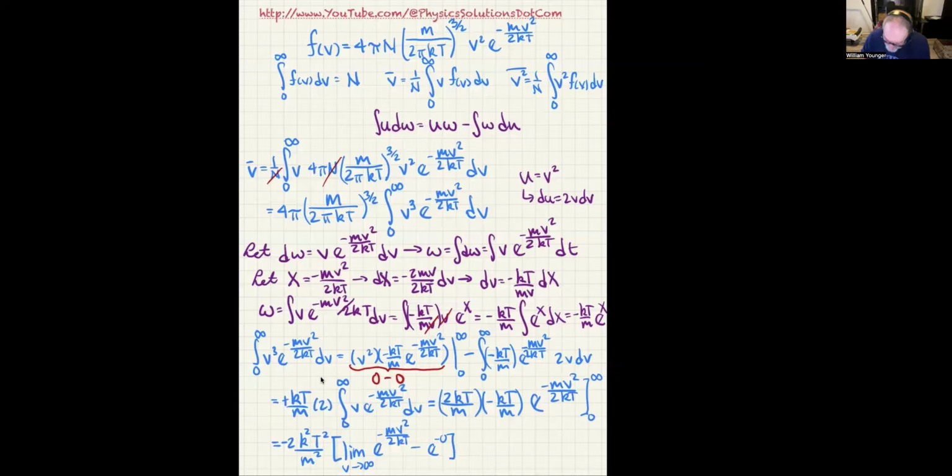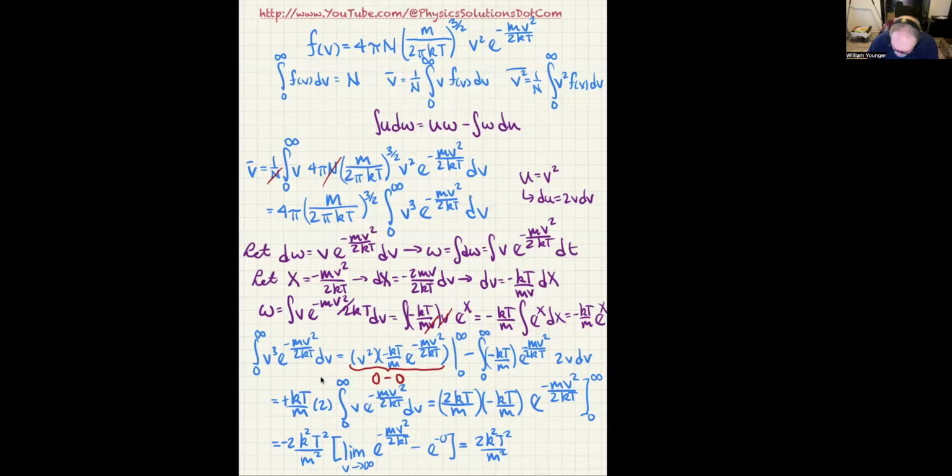So that's the whole integral. Of course, the limit as v approaches infinity is just 0. So basically, this whole quantity inside the bracket is 0 minus 1. The 0 is not going to do anything, but the negative 1 is going to make this a positive. So now I have 2k squared t squared over m squared, all of that just times 1.